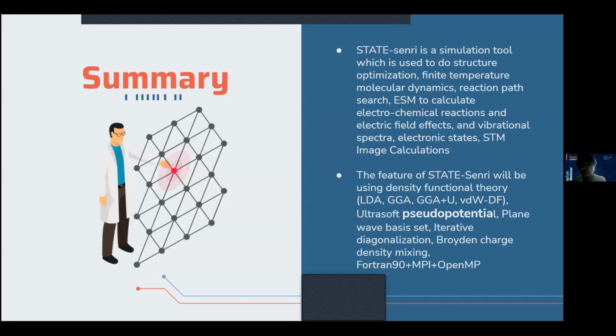And then ultrasoft pseudopotential, plane wave basis set, iterative diagonalization, Broyden charge density mixing, and STATE Senri itself uses Fortran 90 plus MPI plus OpenMP. So the point I picked is about the pseudopotential.